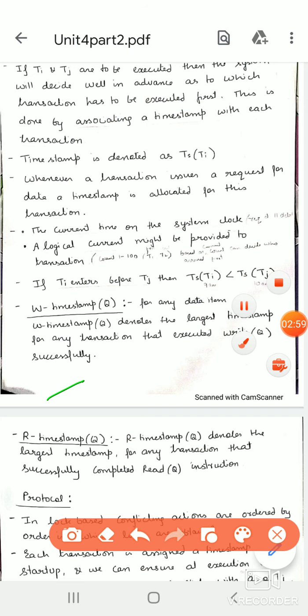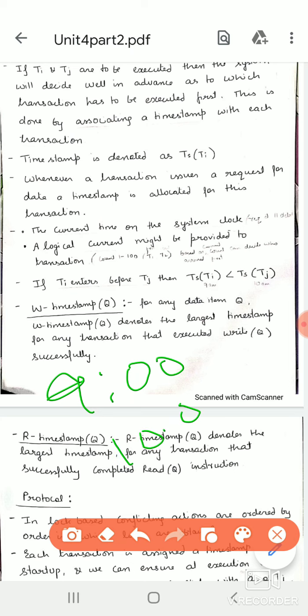Suppose at 9 o'clock one instruction has arrived, and one more instruction has arrived at 10 o'clock. Based on the system time, the timestamp is associated with the transaction. That is one factor by which the timestamp is given to the instruction.